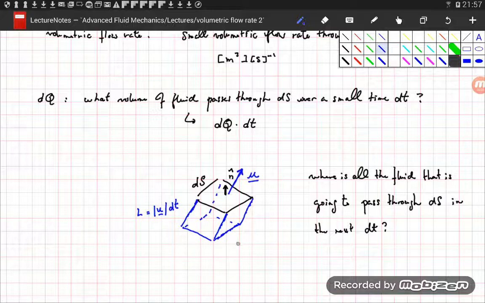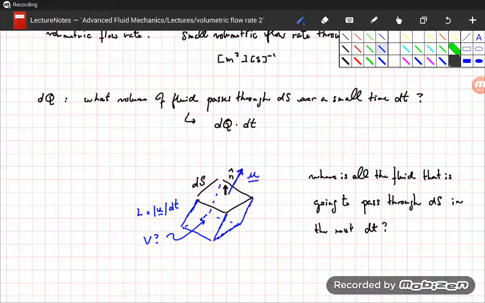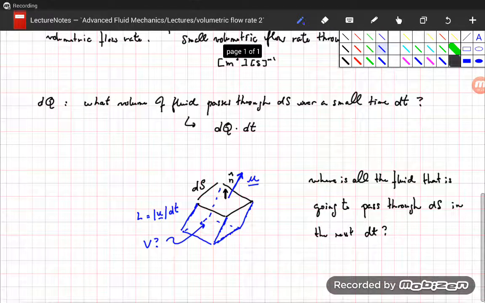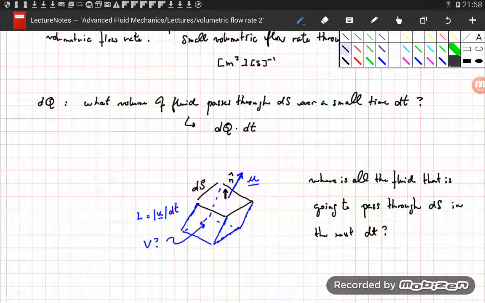So the question is, what is the volume of this? Now this volume here, actually I should have written it, corresponds to dq dt. Right? dq times dt is this volume here.